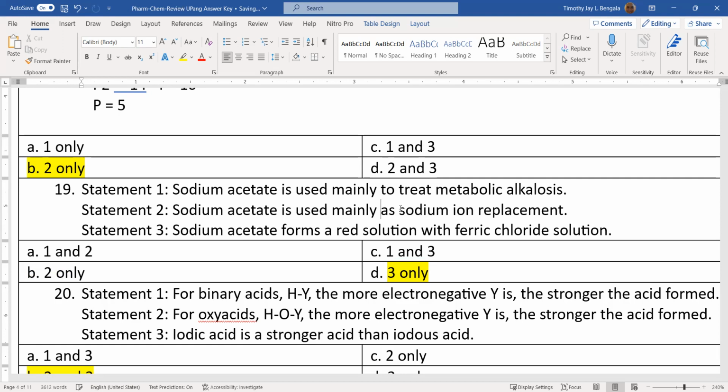So that statement is incorrect because nabanggit natin, kung tinignan ninyo, yung mga ginagamit for sodium replacement are those that only contain ions, yung walang alkalinity or acidity. So those that are neutral salts, chloride, sodium chloride, ayan, so yun yung mga ginagamit. So hindi ginagamit ang sodium acetate solely as sodium ion replacement, but for pH adjustment. So ayan.